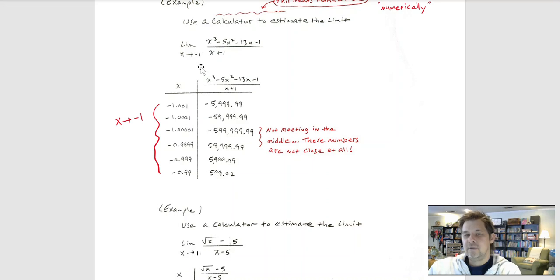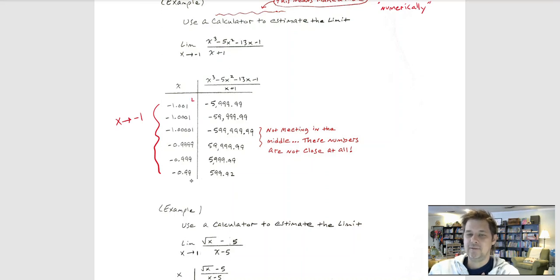Limits are on a, you could think, microscopic scale. So if I was going to go to -1, I would want to do something like this. -1.001. Then I'll go a little closer. -1.0001. And then I'll go a little closer than that, and so on. From both sides. Here's going to -1 from the left. Here's going to -1 from the right.